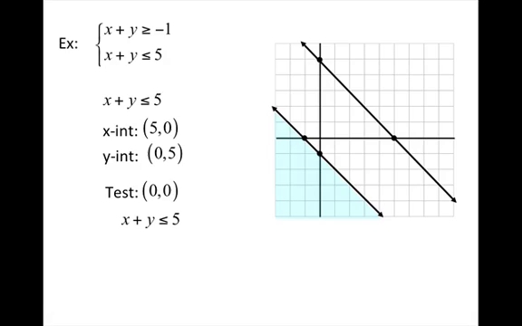Go back to x plus y is less than or equal to 5. If x and y are both 0, I have 0 is less than or equal to 5. And that's a true statement. Well, since 0, 0 was true, every point to the left of or below that boundary line is part of my solution. So every point above it or to the right of it is not part of the solution, so mark that out.